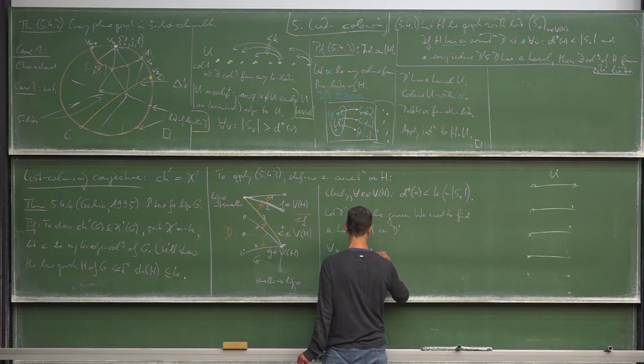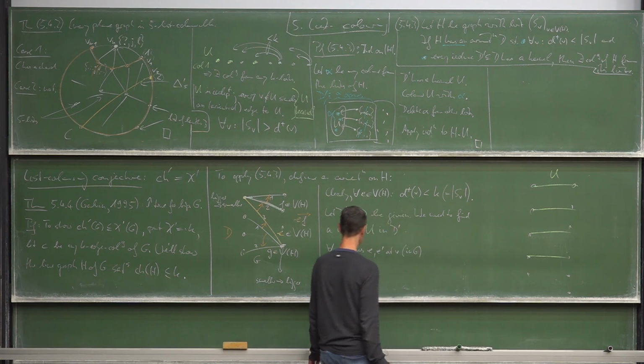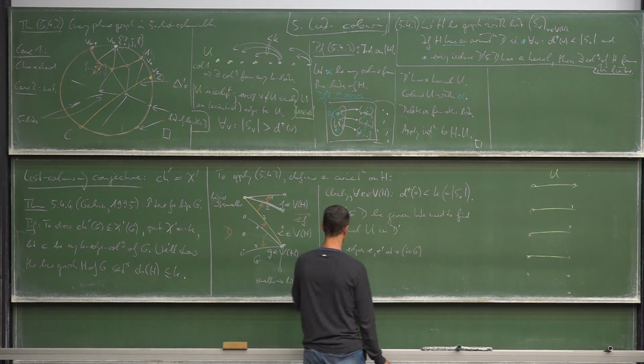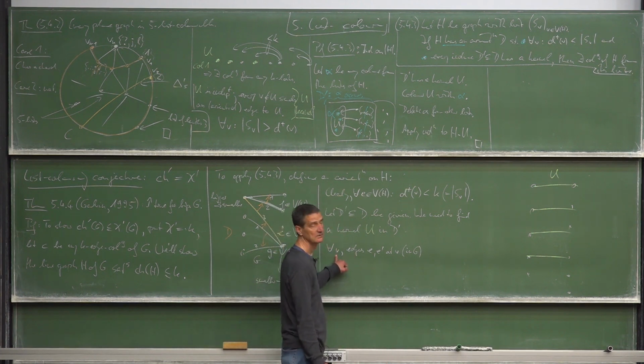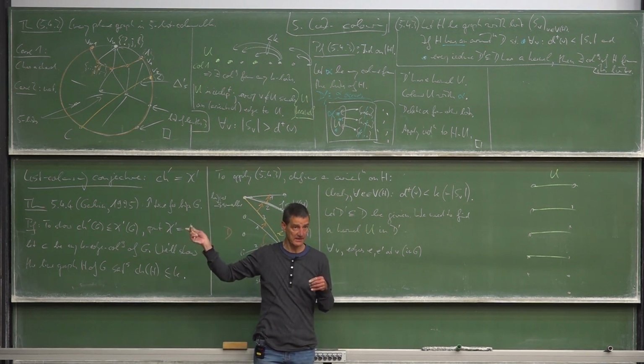Edges E and E prime at V in G. I have to tell you which is bigger. Right, so a preference list is just a linear ordering of all the edges.